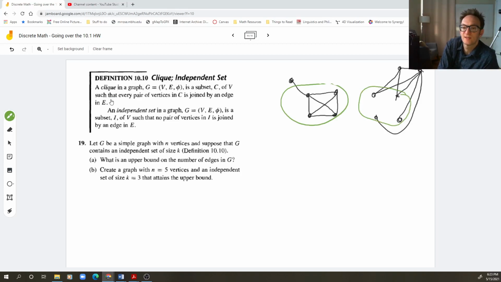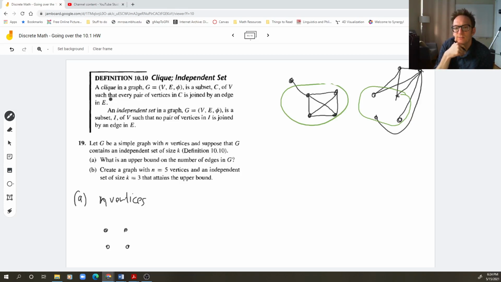Okay, and now we have some follow-up questions on this. Okay, A. Let G be a simple graph with n vertices and suppose that G contains an independent set of size k. What is an upper bound on the number of edges in G? All right, so n vertices. But then there are k of them which are not related to each other at all. So how many edges could we have at most?